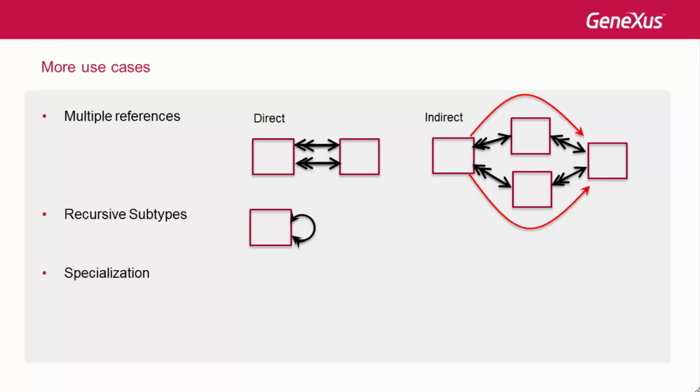For example, an employee transaction in whose information we have to register the employee's boss, who's also an employee. Or in the case where we have an entity which registers general information, for example, of people, such as the name, telephone number, address, and so on, and then have entities which are specializations of that other entity, for example, clients and passengers, who in particular are also people. These are just a few examples from all the possibilities that exist. We only mention them here, we won't study them in this course.